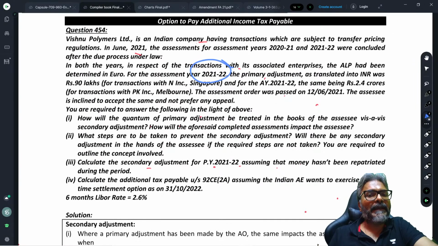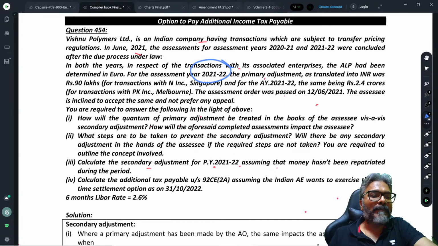Will there be any requirement to do any secondary adjustment, students? Quickly! Will there be any requirement?